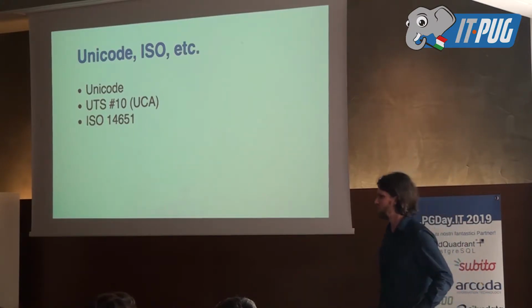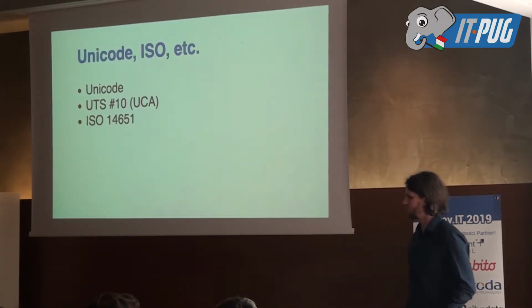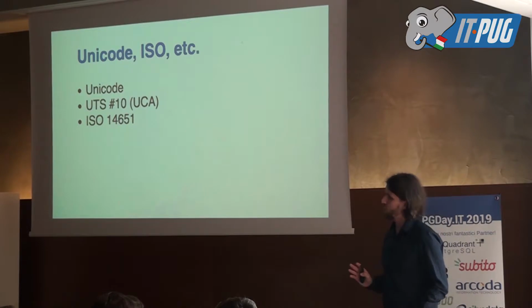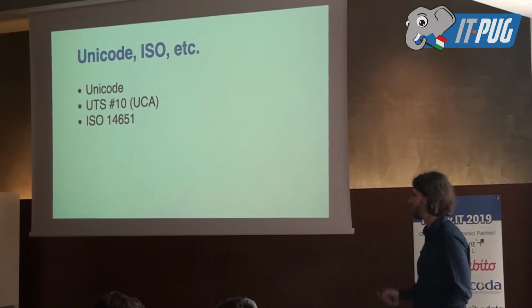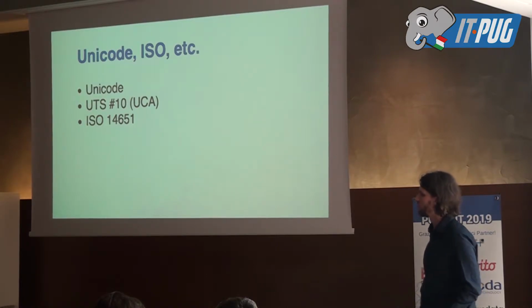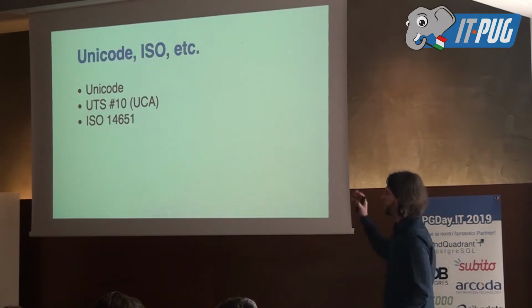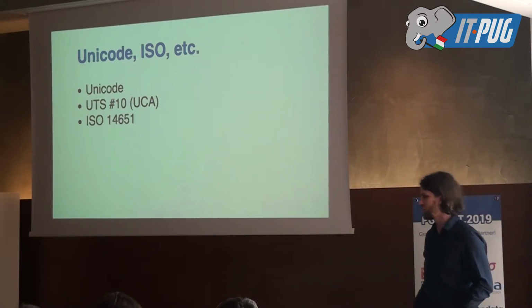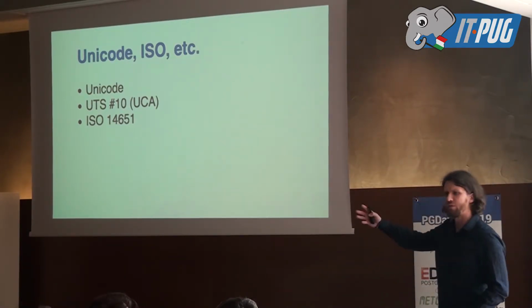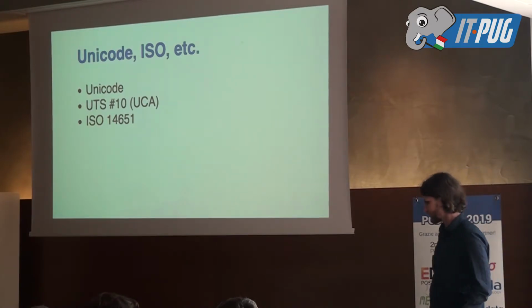It's used interchangeably, but I checked, it's now called UTS. The one that's interesting for us is UTS number 10, which is called the Unicode Collation Algorithm. If you just Google for that, you get that document. They're all free to download from Unicode. It defines how this is supposed to work in great detail, and I am basically going to summarize that.